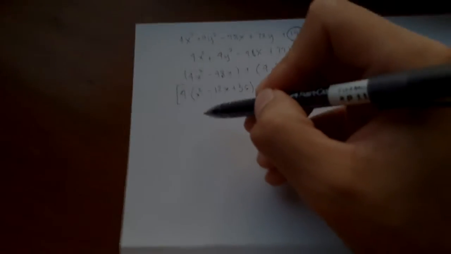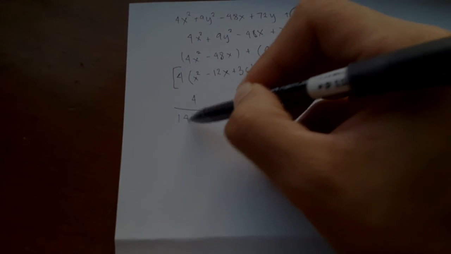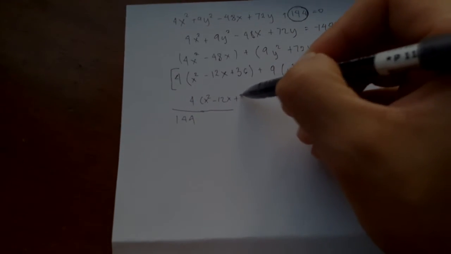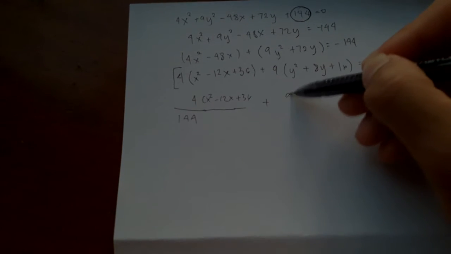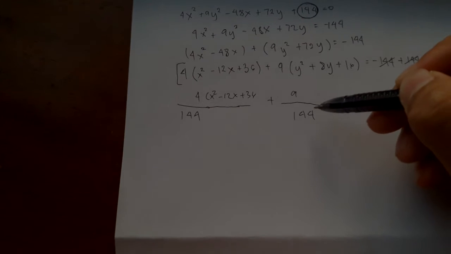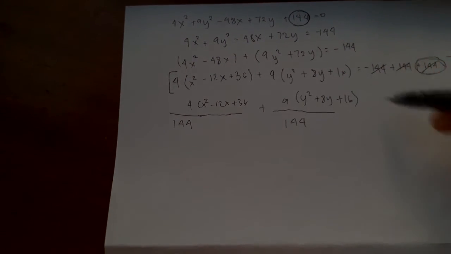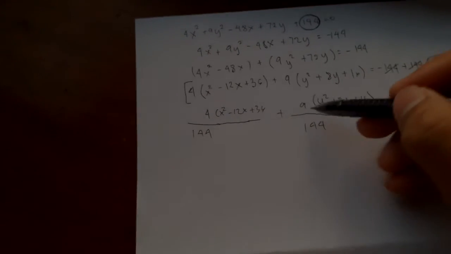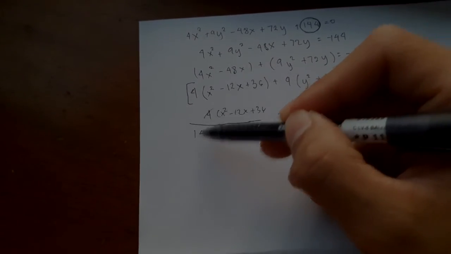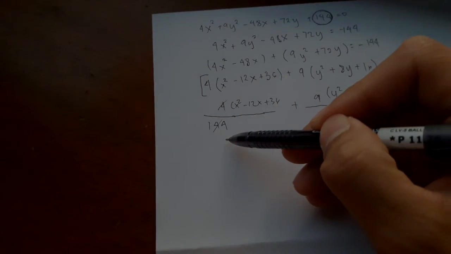Then the equation on the left side would be 4 over 144 times x squared minus 12x plus 36 plus 9 over 144 times y squared plus 8y plus 16 equals 1. So we have to simplify this equation. 144 divided by 4 is 36.